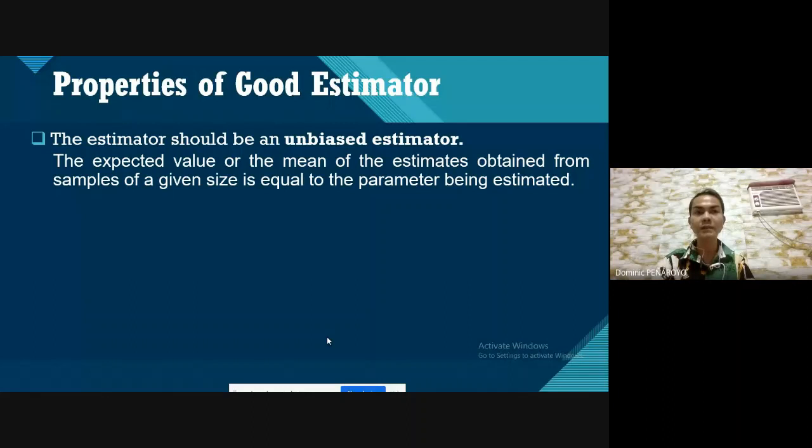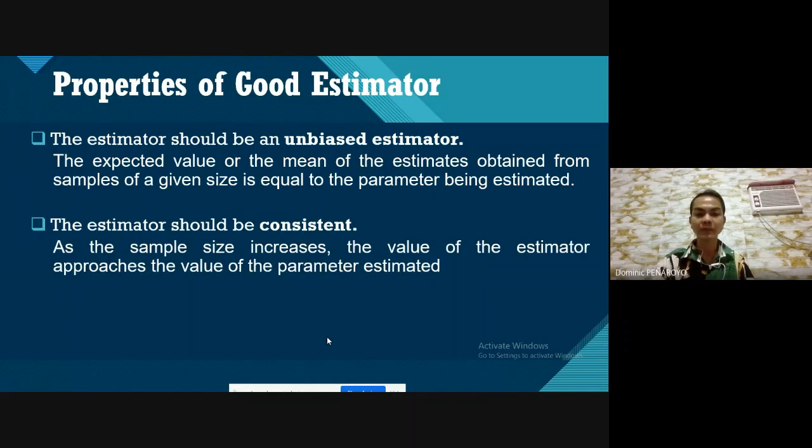For example, you have infinite samples, and you are tasked to find the sample mean of each sample. Then if the mean of the sample means is equal to the parameter being estimated, we can say that the estimator is unbiased.